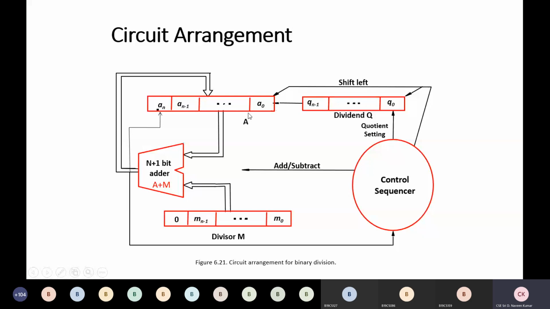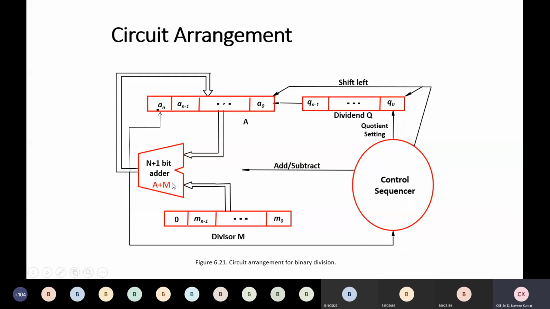These are the accumulator A contents, taken as an input, and also the divisor M contents are taken here, they are added, A plus M. If it is A minus M, then A comes here, and the 2's complement of M is calculated, taken here, and it does A plus minus M. How do we get minus M? By the 2's complement of M.